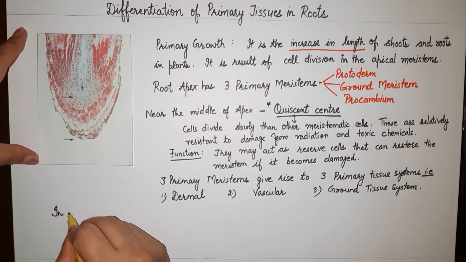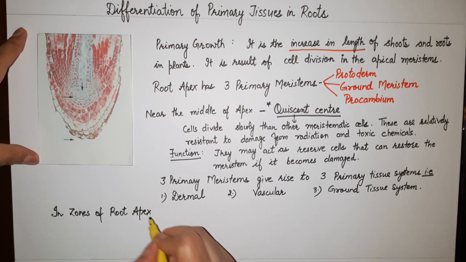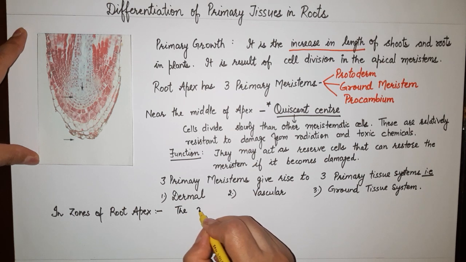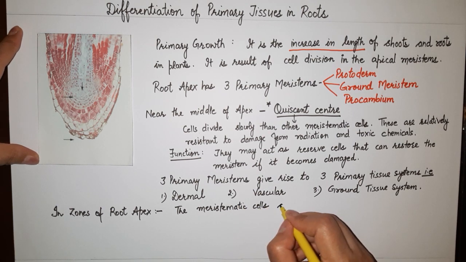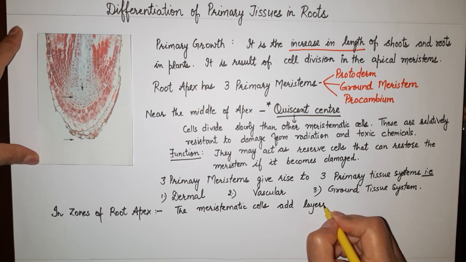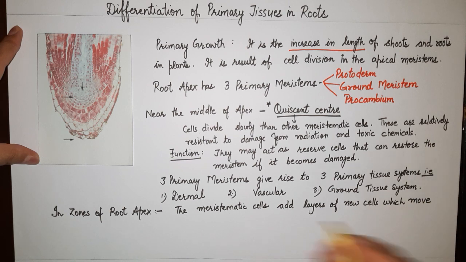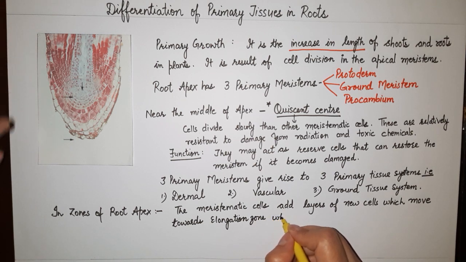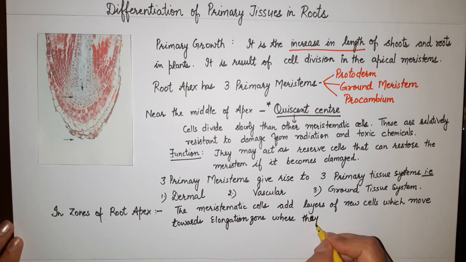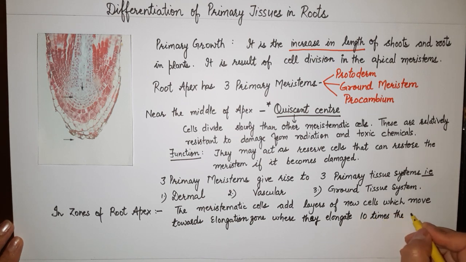In the zones of root apex, the meristematic cells, the second zone, add a layer of new cells which move towards the elongation zone, where they elongate 10 times the original size.